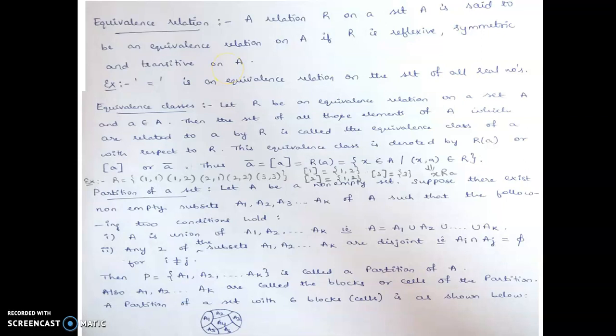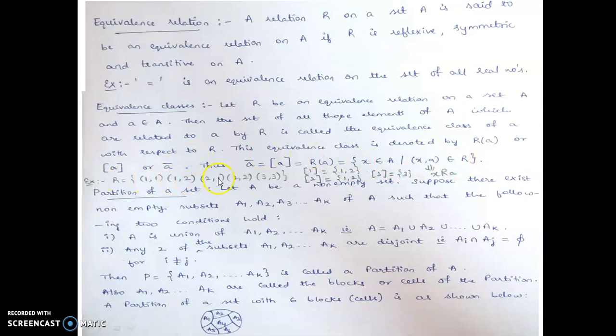And equivalence classes. Let R be an equivalence relation on a set A, and a belongs to A. Then the set of all those elements of set A which are related to a by R is called the equivalence class of a with respect to R. This equivalence class is denoted by R(a), or a-bar. R(a) is equal to {x belongs to A : (x, a) belongs to R}.